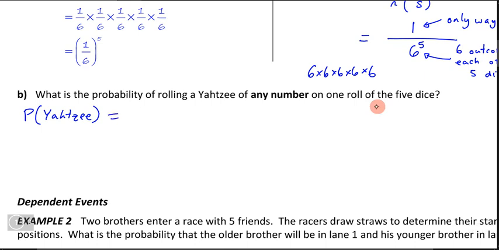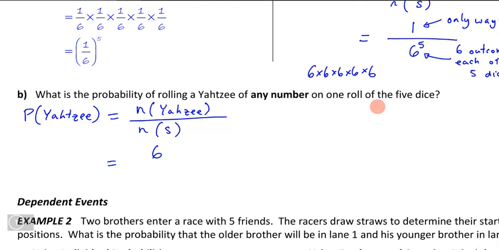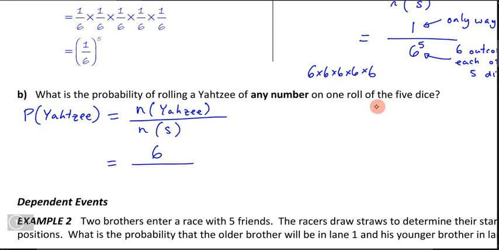So the probability would be the number of ways you can get Yahtzee divided by the number of total outcomes. Another simple calculation. The number of ways you can get Yahtzee is 6. Either all your dice rolls will turn up 1, all your dice rolls will turn up 2, 3, 4, 5, or 6. So there's 6 ways. And we already know the total number of outcomes is 6 to the exponent 5.